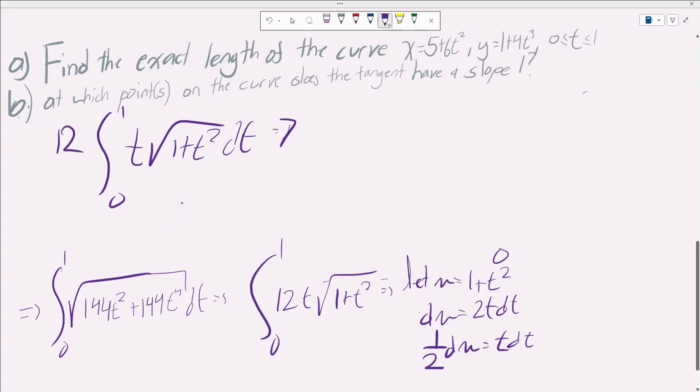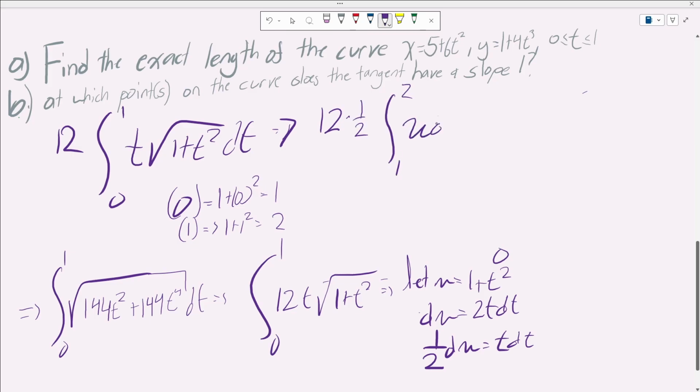So if we plug in 0 to our u function that we substituted, we'll have 1 plus 0 squared, which is equal to 1. And then if we plug in 1, we'll have 1 plus 1 squared, which is equal to 2. So then our new integral has 12 times 1/2, going from 1 to 2, of square root of u du.